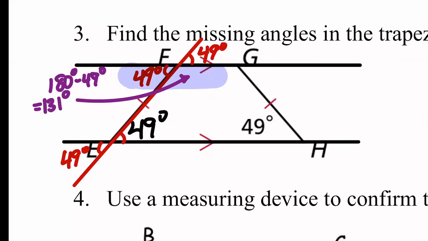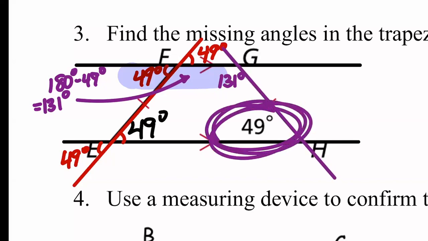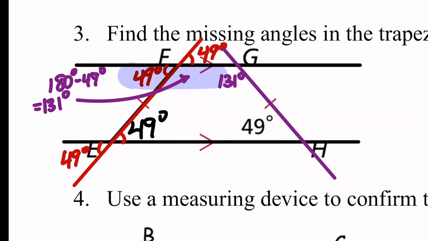Right? So 131 degrees. Making this one also 131 degrees by the same reasoning, because we'd also have another set of parallel lines cut by transversals in which the given angle is 49. So there's no reason to think that this would be anything different. Right?